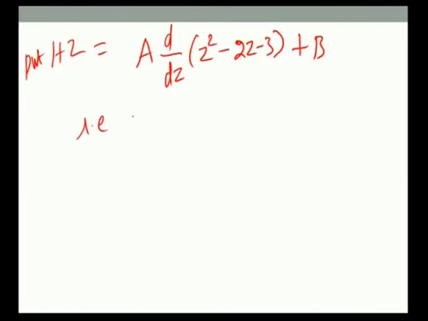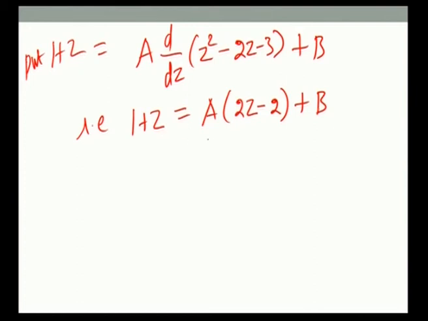So we need to do this: 1 plus z is equal to a into the differentiation of this quadratic. Differentiation of this quadratic gives 2z minus 2, plus b.